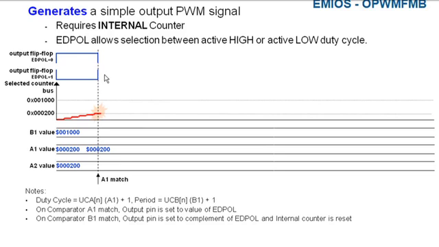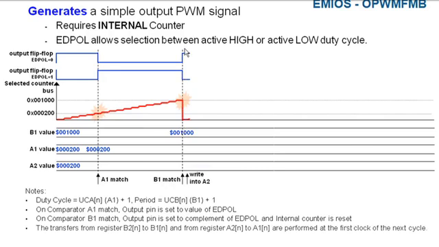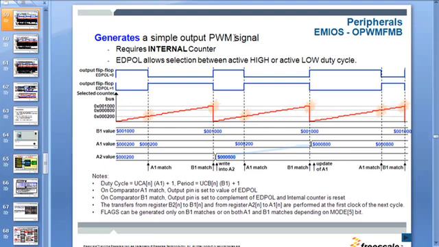And as that counter reaches a value that is pre-programmed in the A register, I'll have my first output transition. And as it reaches a value that's in the second register, the B register, then it will go to the other transition. I'm sorry, the slide has a little error here. Let me fix that.